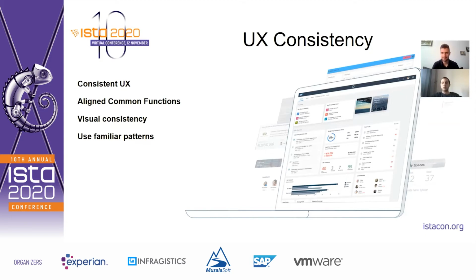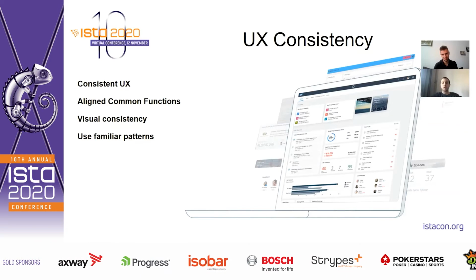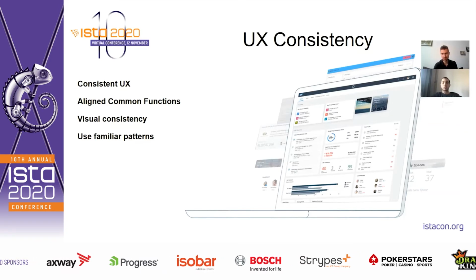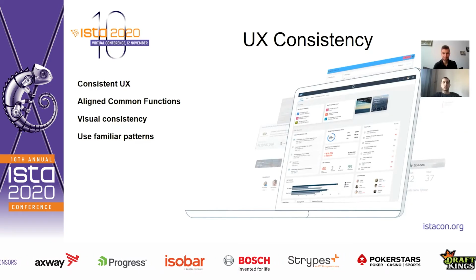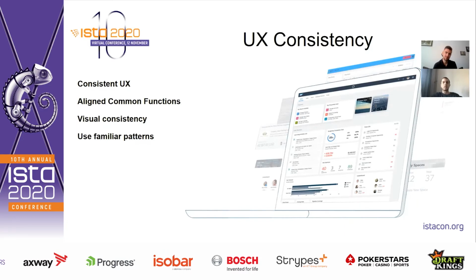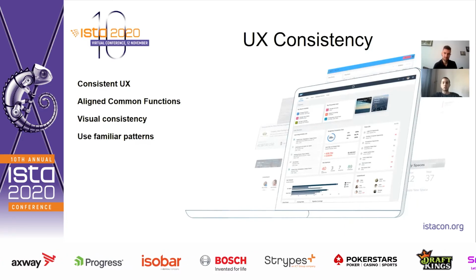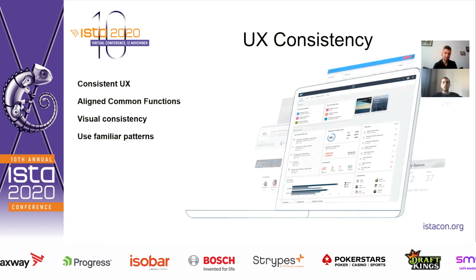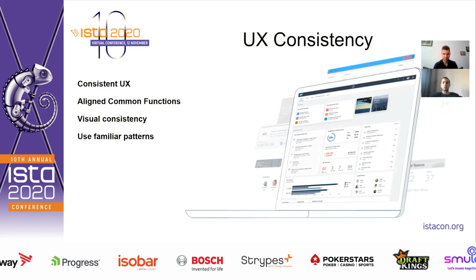In this example, we can see that the profile menu is in the top right of the screen, just like the notifications panel and so on. So in a couple of words, UX consistency is something that is very hard to achieve, although it sounds very easy, but in the end, it is extremely easy to be noticed.